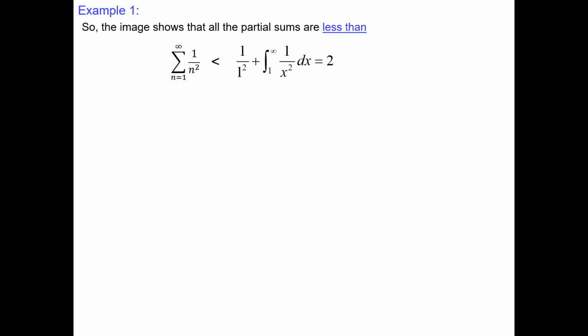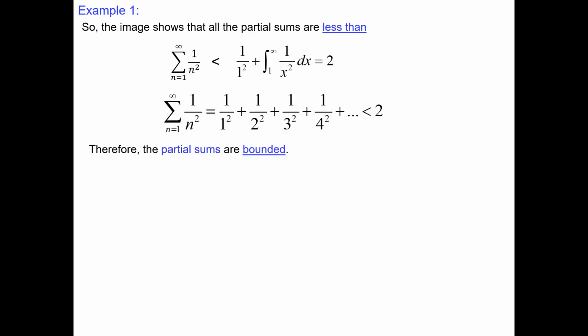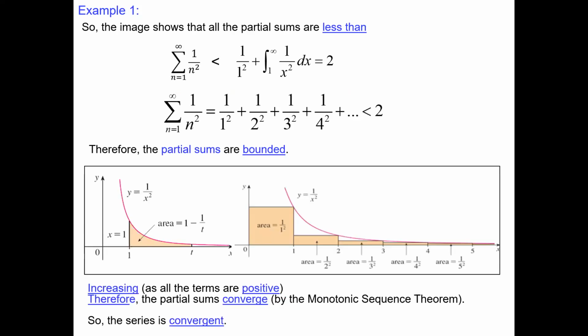Now I can say this partial sum is less than 2. It's definitely increasing and bounded above, so the infinite series is convergent. When we keep adding, the sum will never be greater than 2.